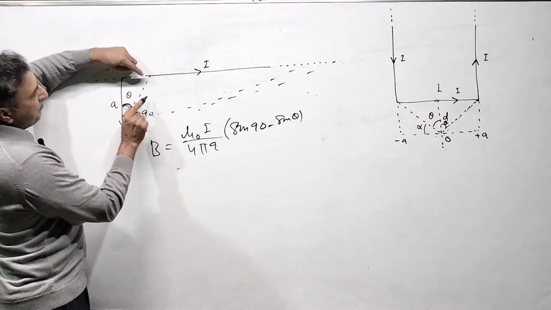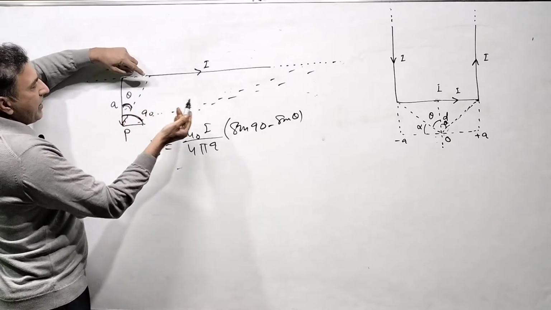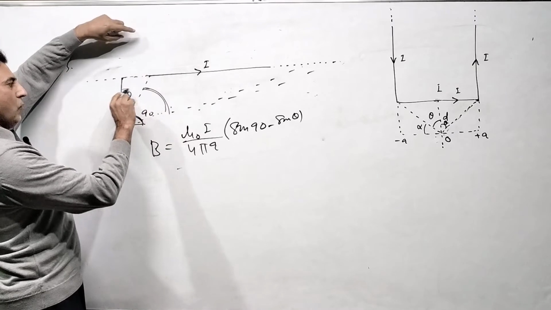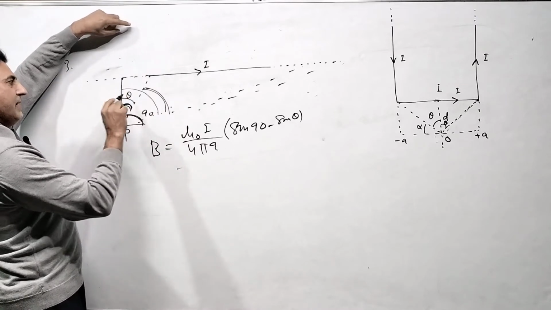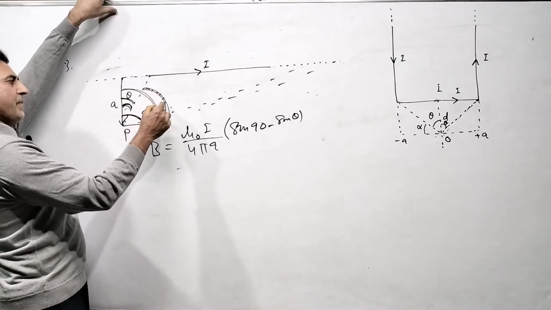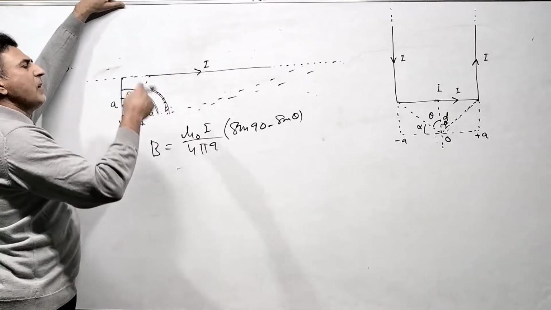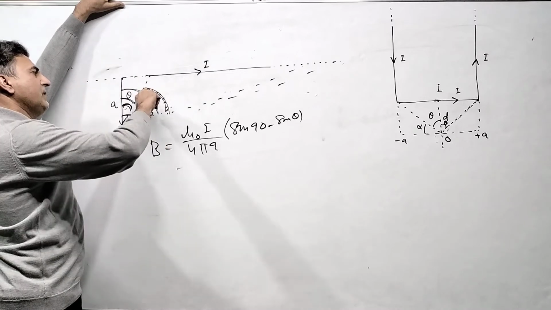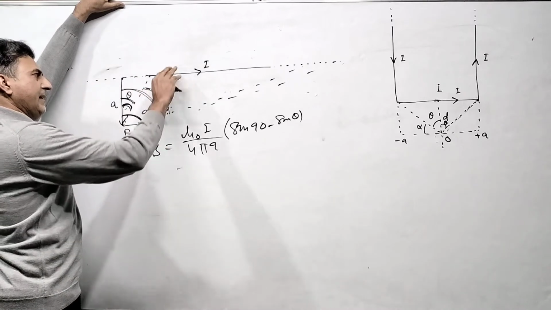So the integration of the actual question is within this angle. The conductor is within this angle. So sine of this whole angle minus sine of this angle. The actual magnetic field that we have to find is within this angle, because within this angle there is a conductor.